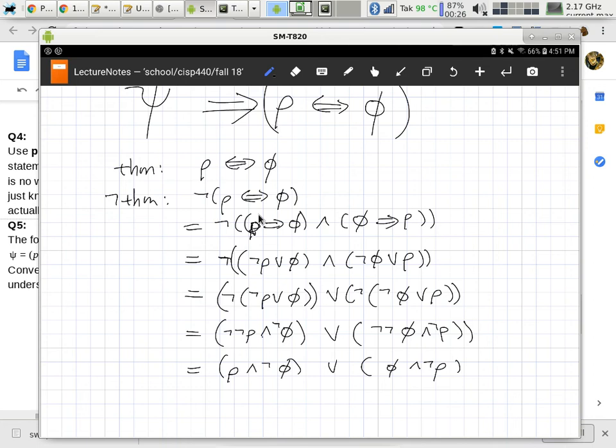Could you turn that into a CNF, then take the conjunction of that with our original set of theorems, and at that point we would have to solve? You can turn it into a CNF, but the CNF is not resolvable. It's not resolvable because you cannot tell whether you can cancel out things until you know what is rho and what is phi.